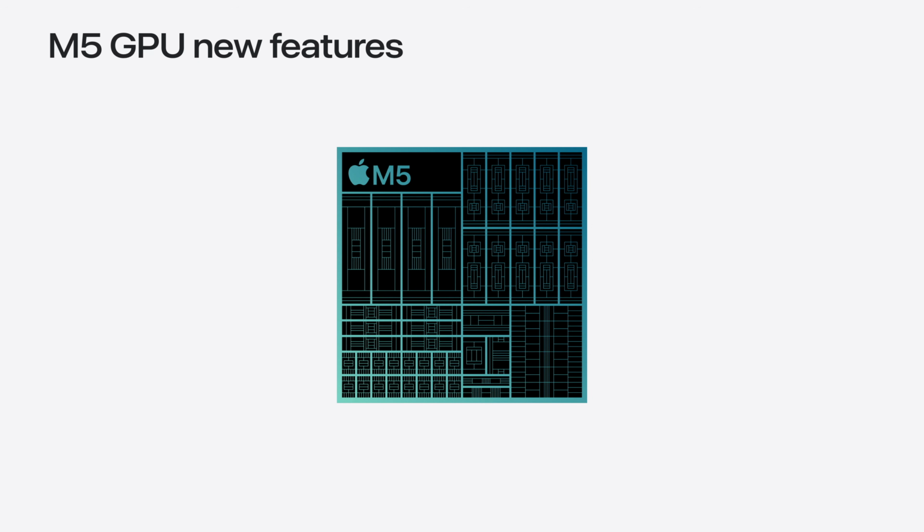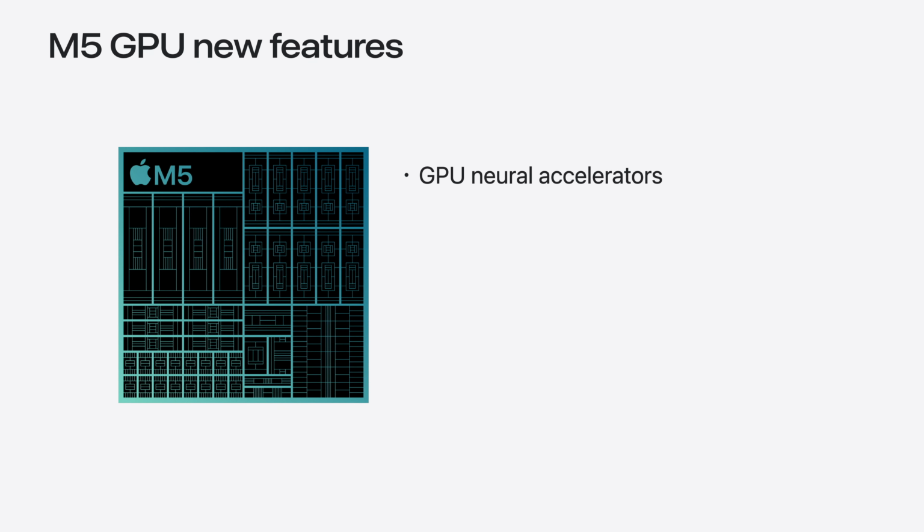Before we dive into neural accelerators, let's take a quick look at what's new in the M5 GPU overall. This will help you see where the ML features fit in. At the top, all new neural accelerators for AI and ML. That's our main focus today, and we'll be spending most of our time here, but there's a lot more. There are major improvements for graphics and gaming, which are covered in detail in the companion talk.